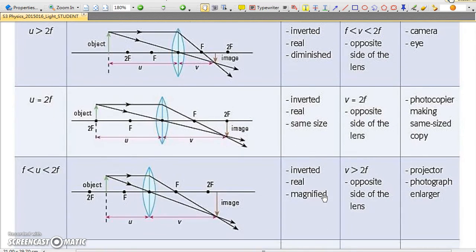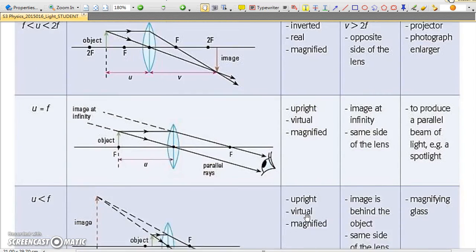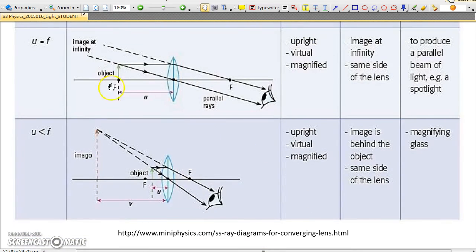When the object is even closer and closer, then the image becomes bigger and bigger, and they are further away. You can see the image is now further away from the lens in these pictures. And what about if the object is even closer? When the object is at focus, then the two refracted light rays are parallel, and we say that the image is formed at infinity.